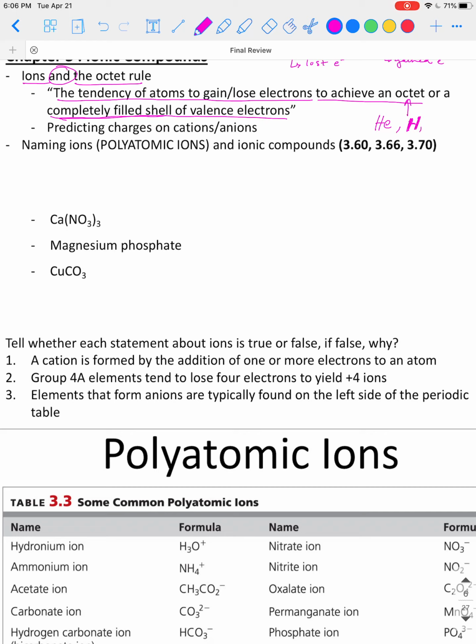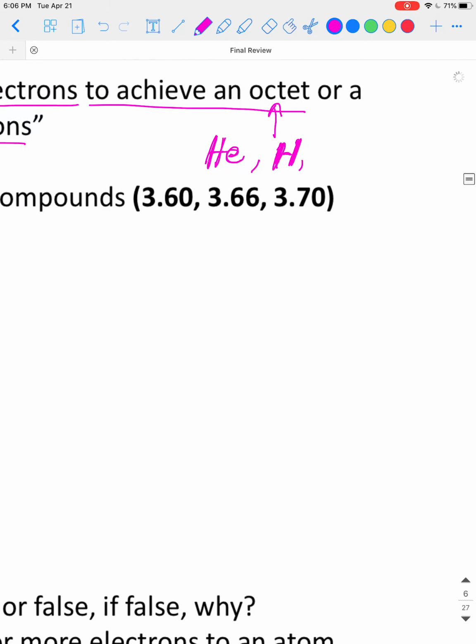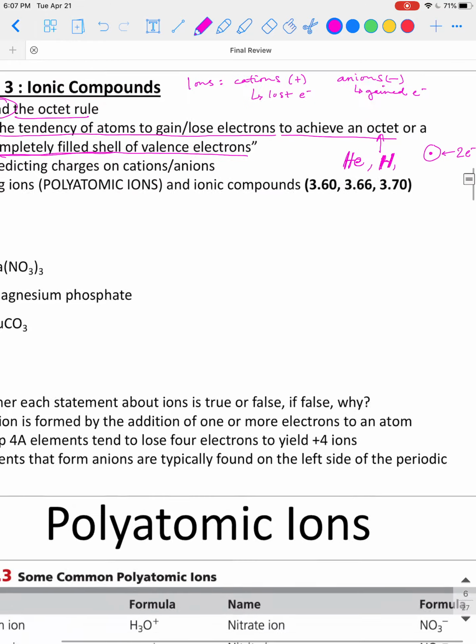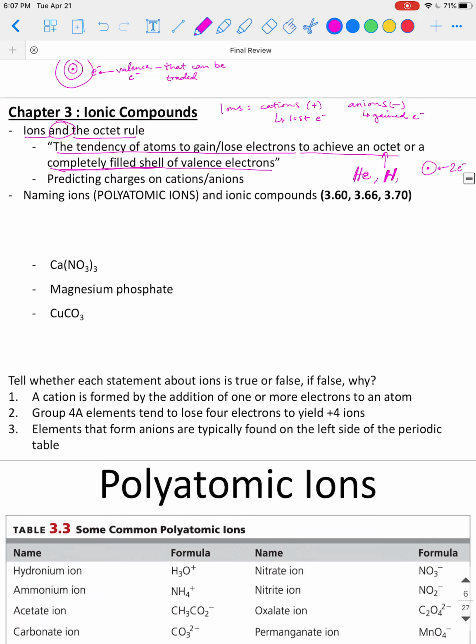There's a couple of exceptions. Helium, for example, and hydrogen, these main group 1 elements, can't achieve an octet. Why? Because they only have 1 energy shell. If we draw a picture of their atom, here's the nucleus. They're on row 1, so they only have 1 shell. And this first shell can only hold a maximum of 2 electrons.